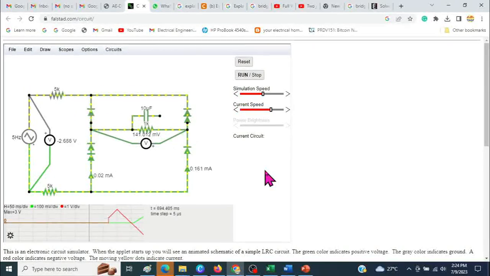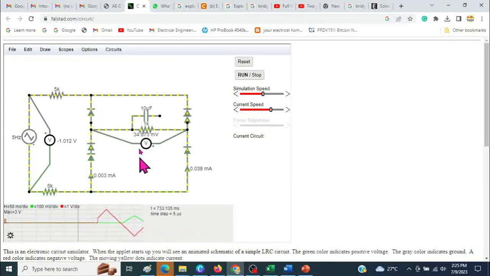And you can see that this is now reaching the maximum point, almost minus 3 volt, and now it is going up. So the current should now be reducing gradually. You can see this is still minimal current.